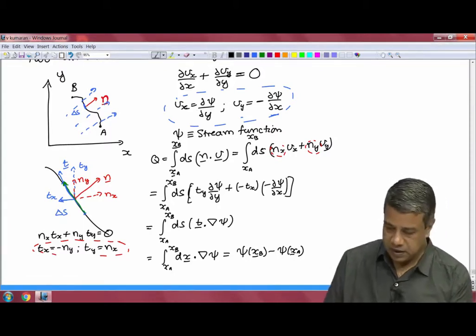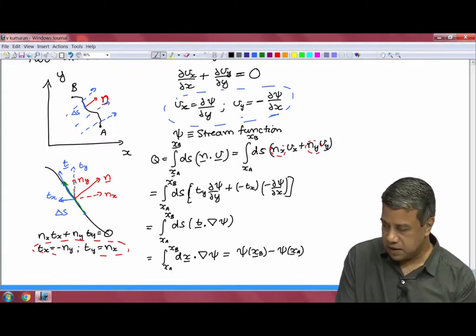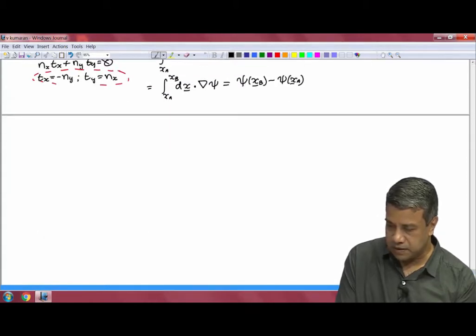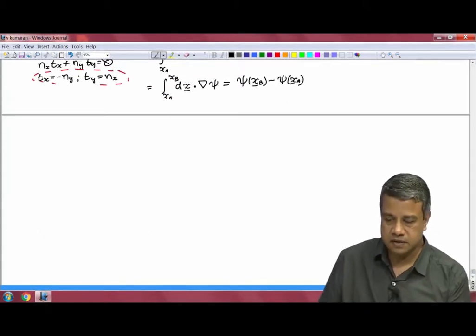The stream function can also be defined for a cylindrical coordinate system if it is two dimensional.